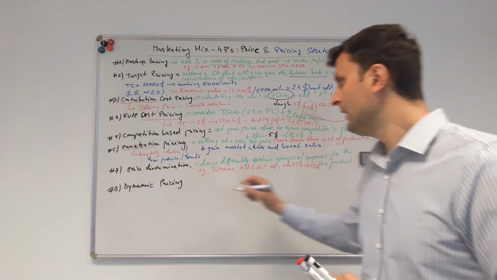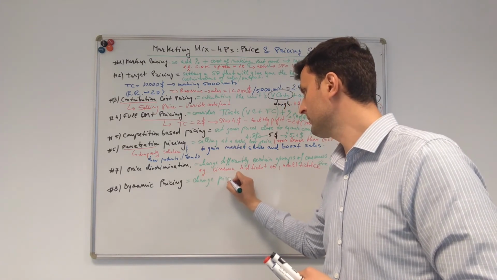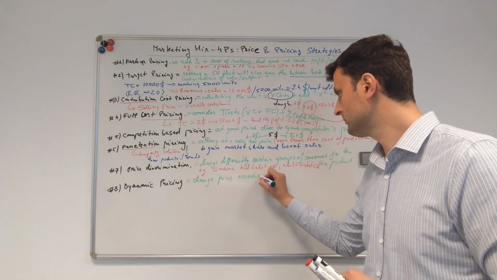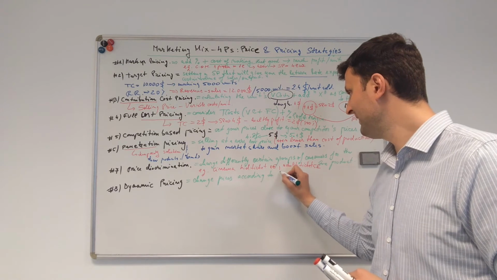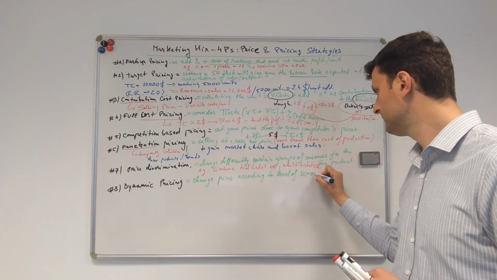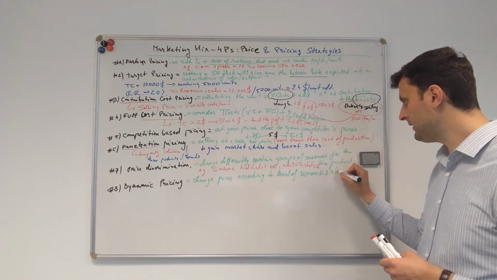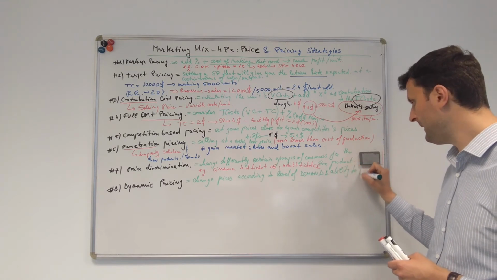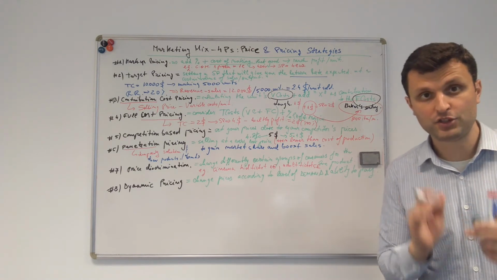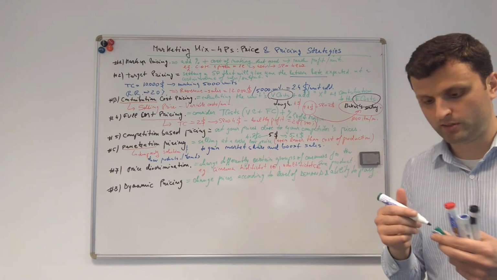Well, it's the situation in which you change prices according to level of demand and ability to pay. So you change your prices, as shocking as it sounds, according to someone's ability to pay and their demand for a certain product.